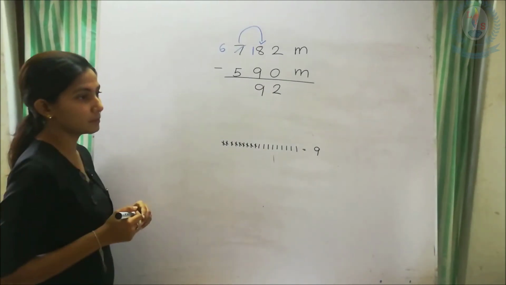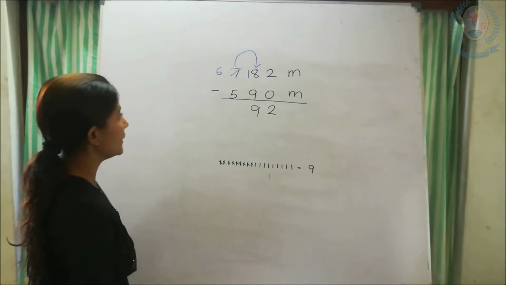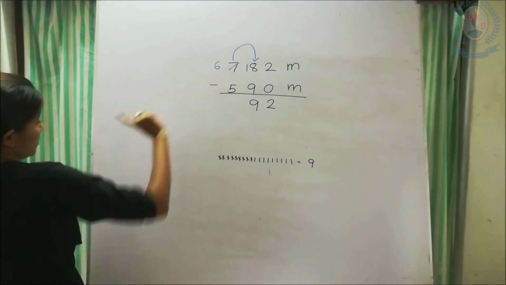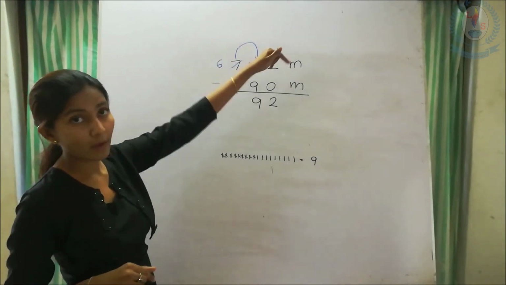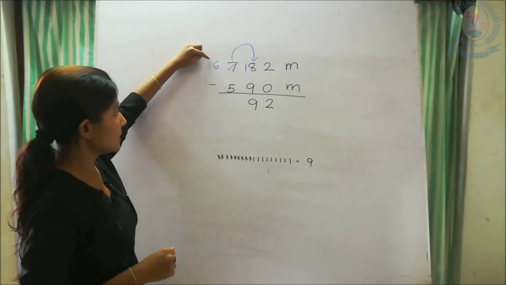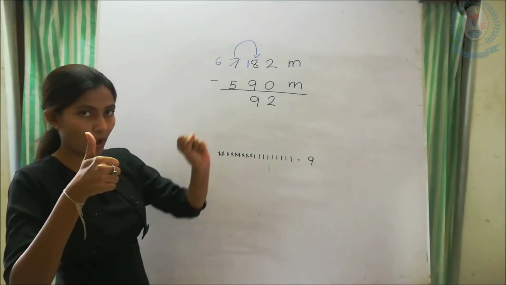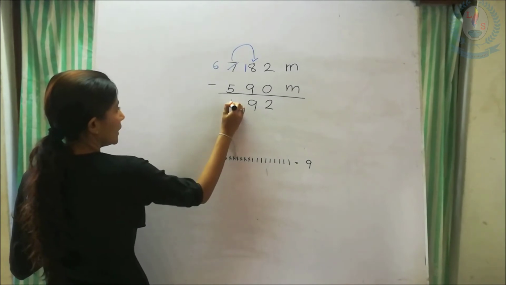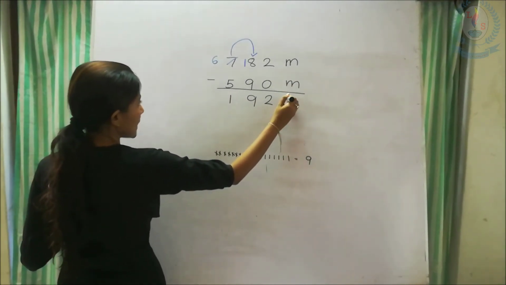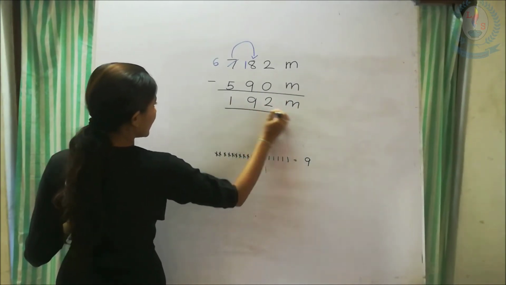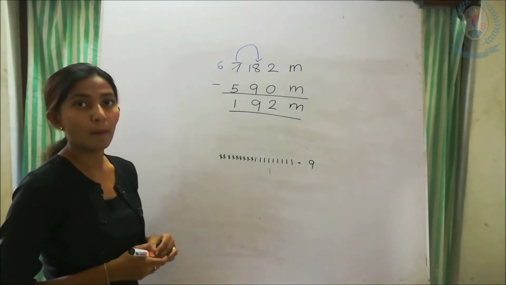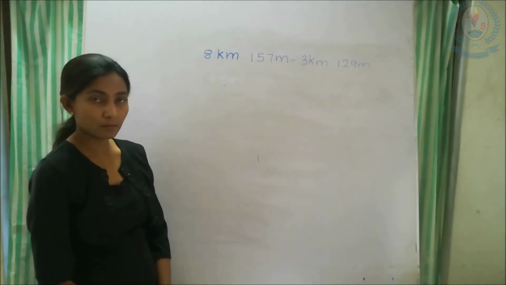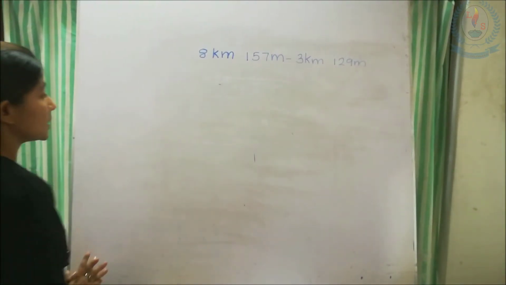So the answer is 9. Then you have here 6, not 7, because you gave 1 there. 6, cut 5, remaining is 1. Then you write 1 here. The units are meters, 192 meters.